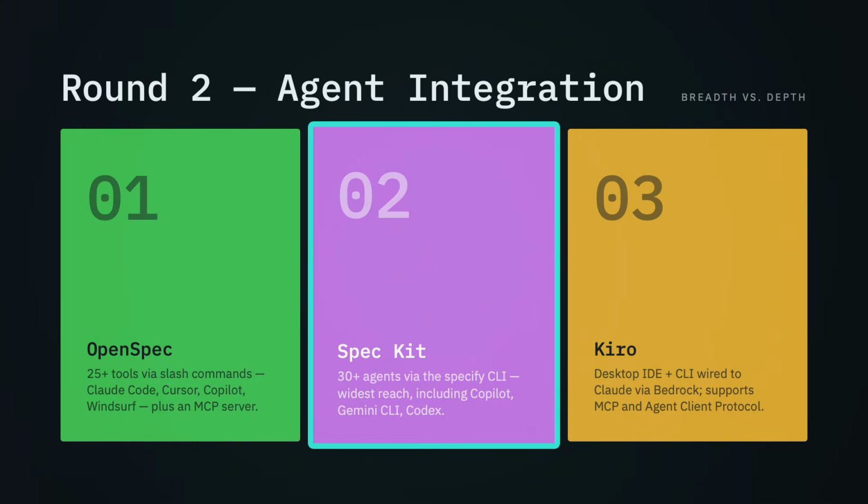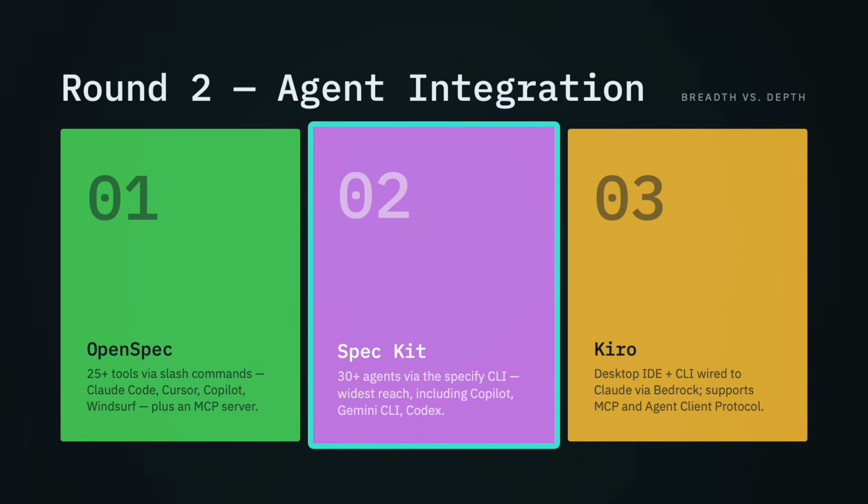Round 2, agent integration. OpenSpec is tool agnostic, plugging into 25+ coding environments, Claude Code, Cursor, GitHub Copilot, Windsurf, through slash commands, or as a Model Context Protocol server. GitHub Spec Kit is also agent agnostic, installed through its own specify command line tool, and claims the widest reach at 30+ supported agents, from Copilot to Gemini CLI to Codex.